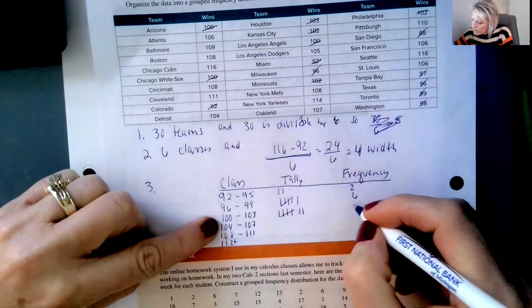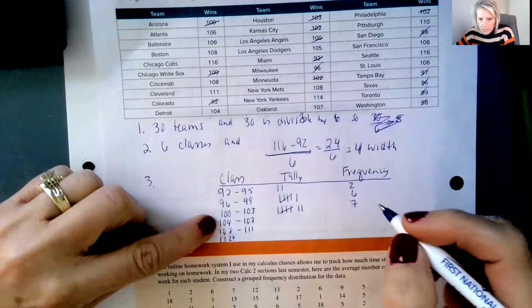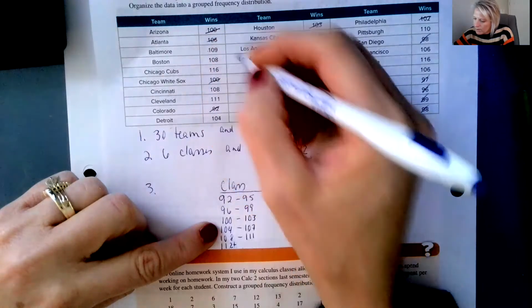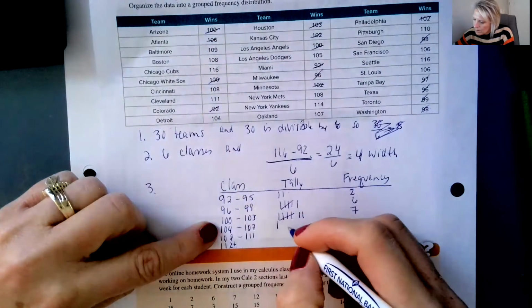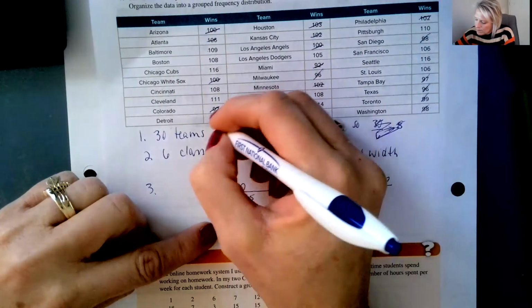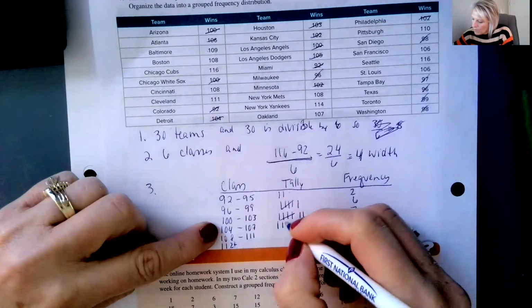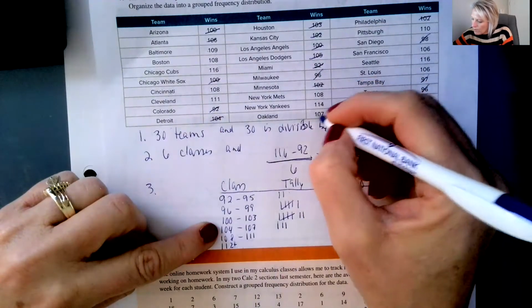Okay, so I see 7 in that group. 104 to 107. 1, 2, 3.